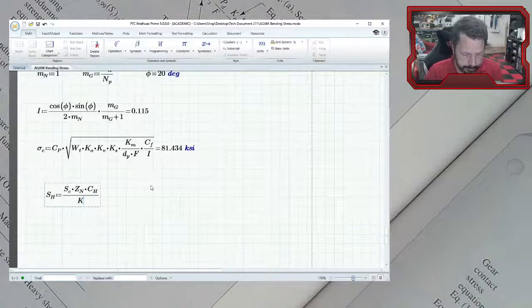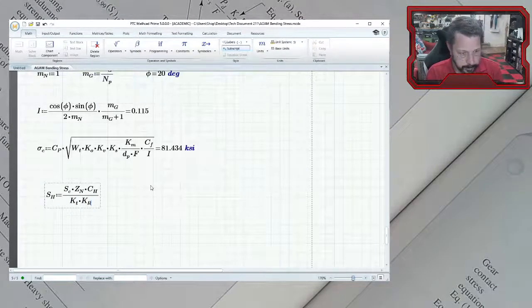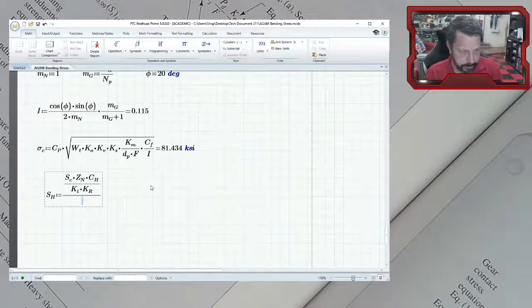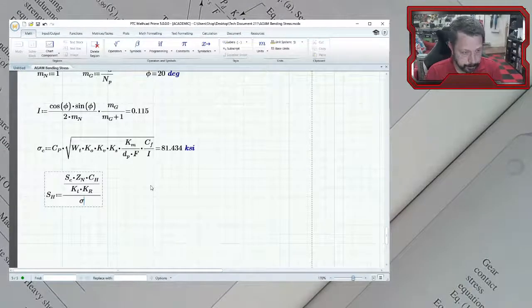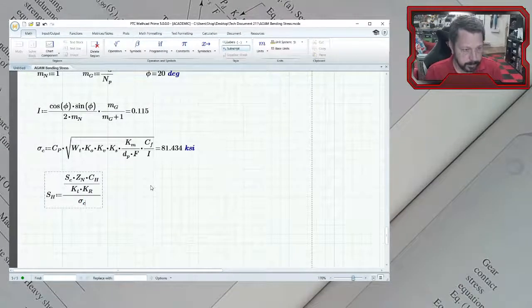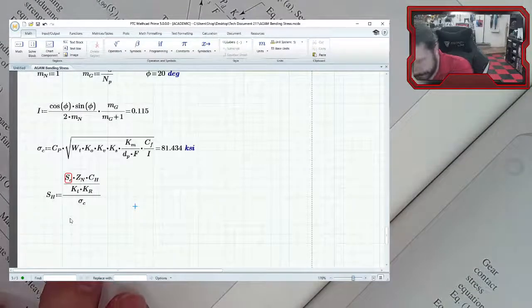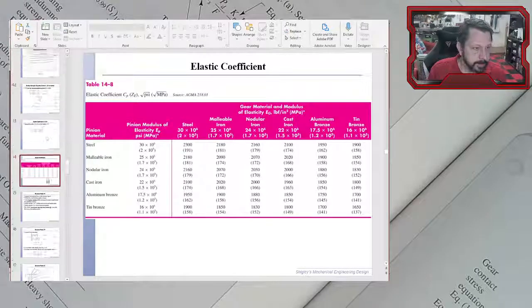Whoa, that really went weird. And then all of that divided by our sigma C, contact stress. Okay, so we don't have SC right off the bat, so let's work on that one. This is from one of the graphs. In fact, I'll probably have it in here. Let's see.